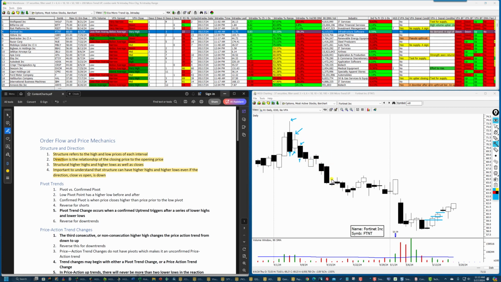By this time, there had been a price trend change based upon three candles, and like I said, I'm going to get into that in a different video. But looking at structure and direction permits us to have a sense of direction of what is happening with the stock, even without indicators.